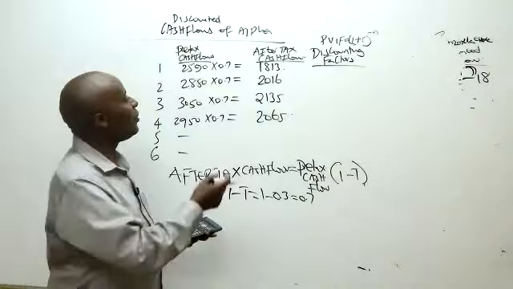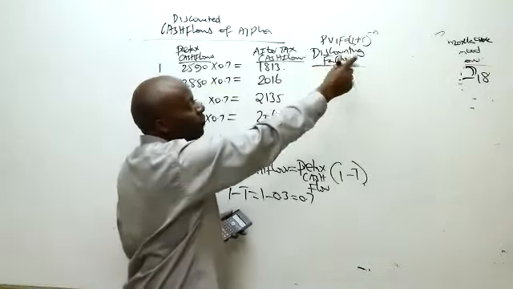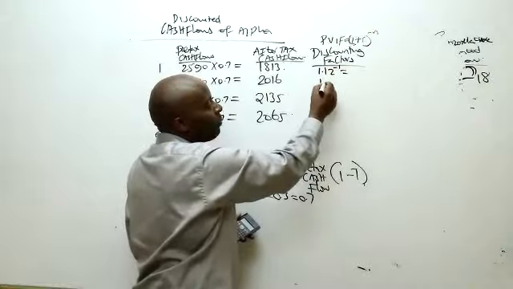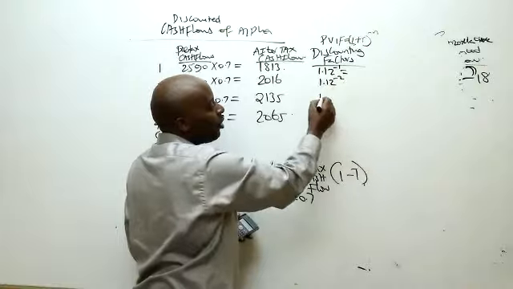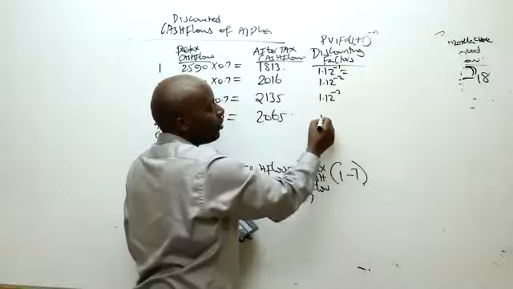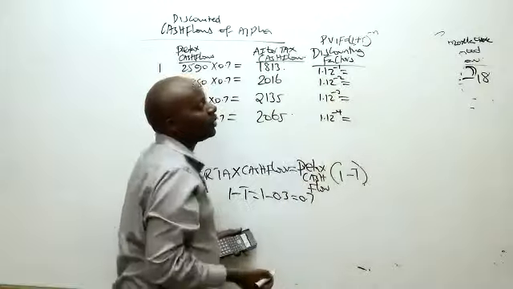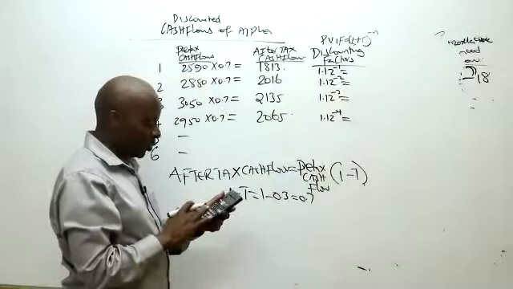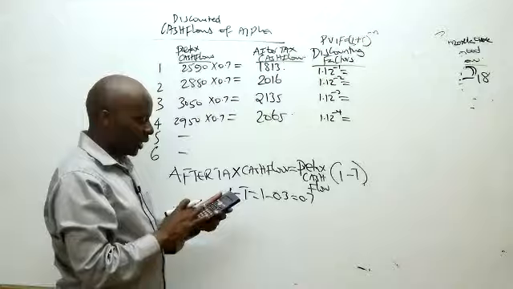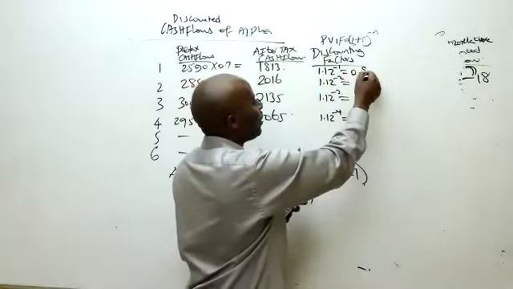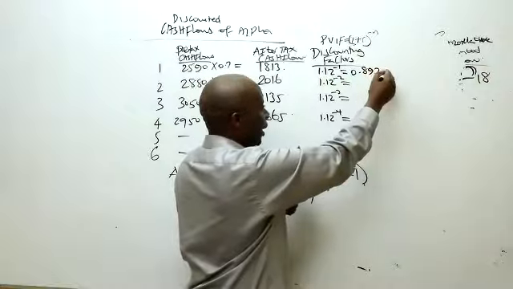So then we have here 1 plus 12%, that is 1.12 raised to minus 1, 1.12 raised to minus 2, minus 3, minus 4. Give us figures. So we have 1.12 raised to minus 1, giving us 0.8929.